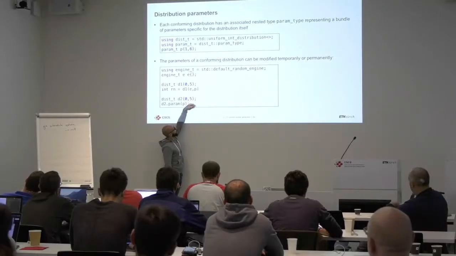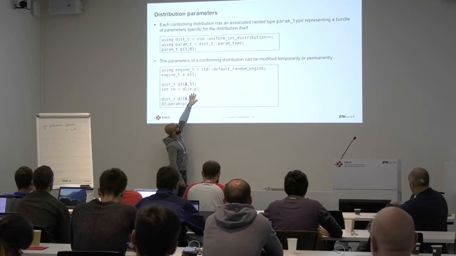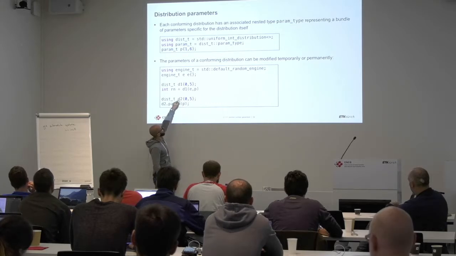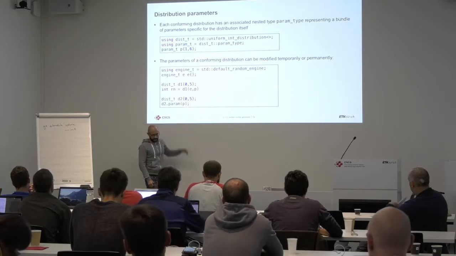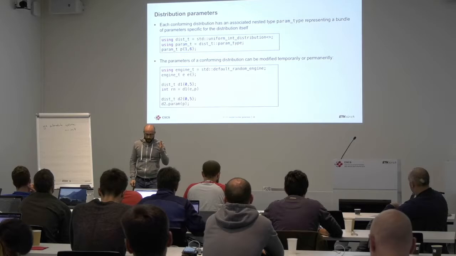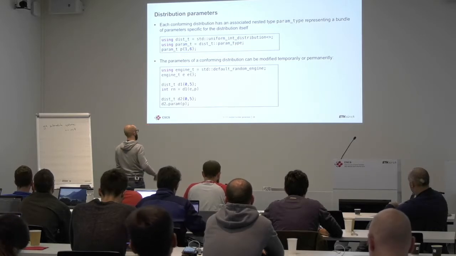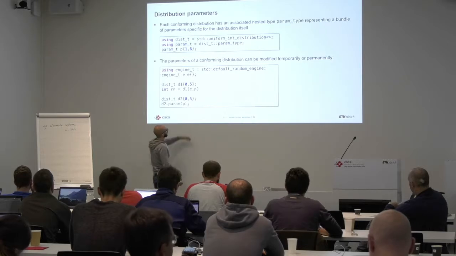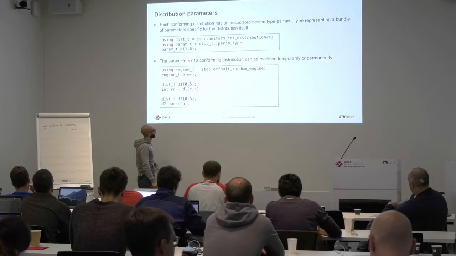In case you want to change during the simulation the set of parameters characterizing the distribution, you can provide a new set of parameters, like what I'm doing in these two lines. In that case, you are just changing for that particular number the definition of the distribution. So when you generate a new number without the parameter set, you will go back to the initial definition for the minimum and maximum value.